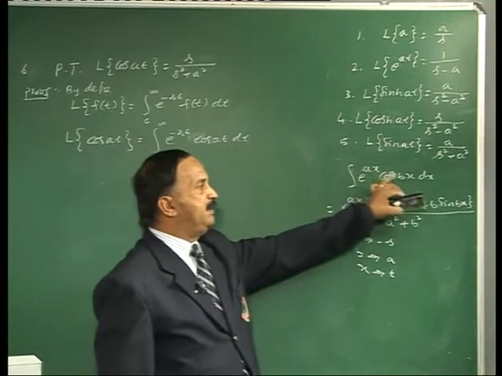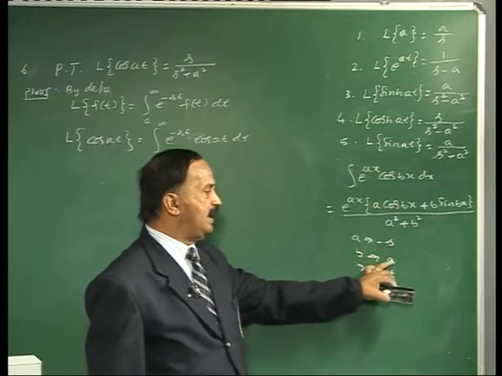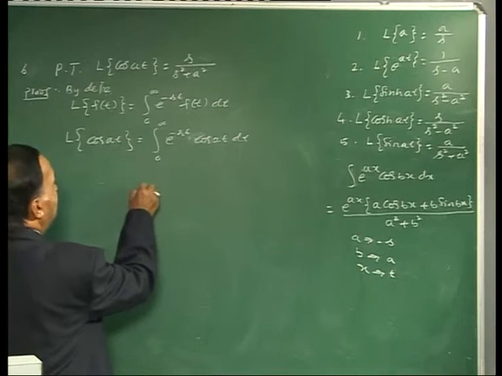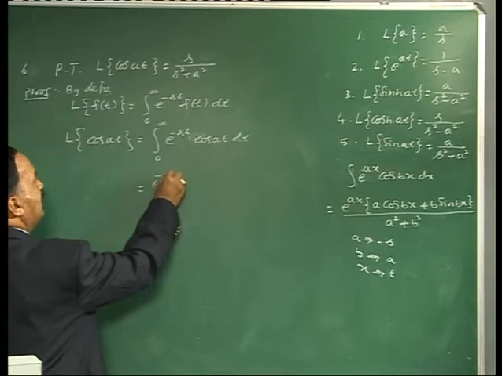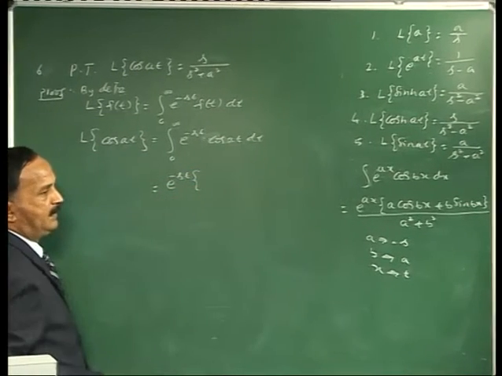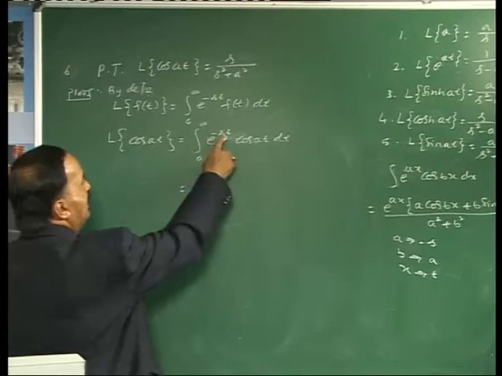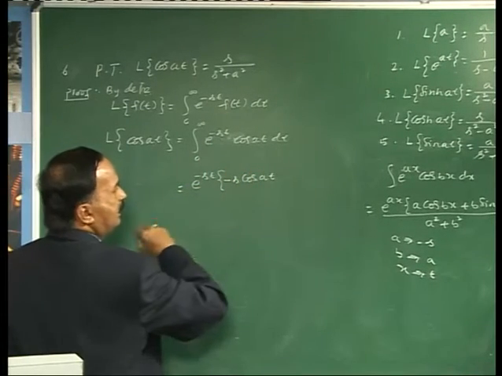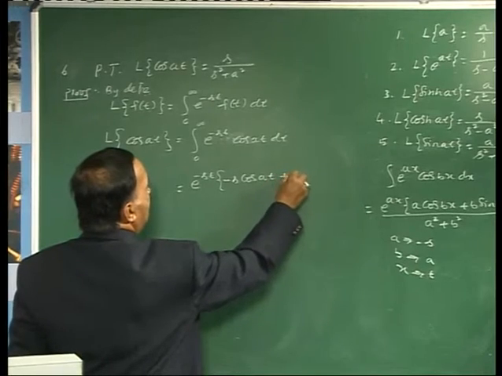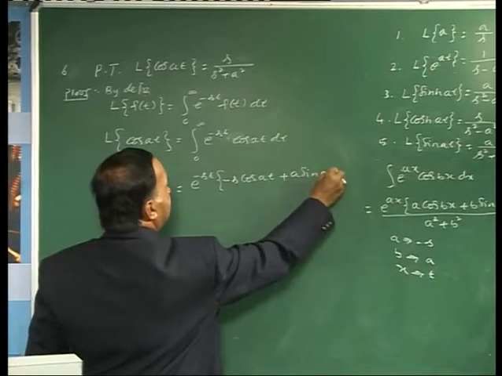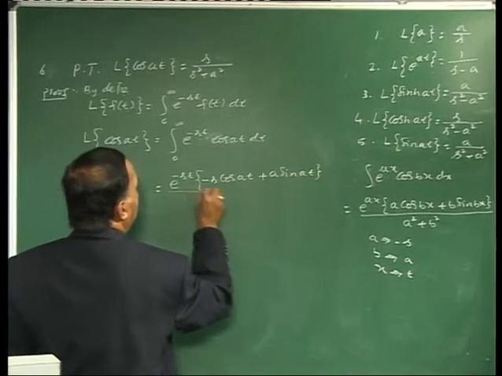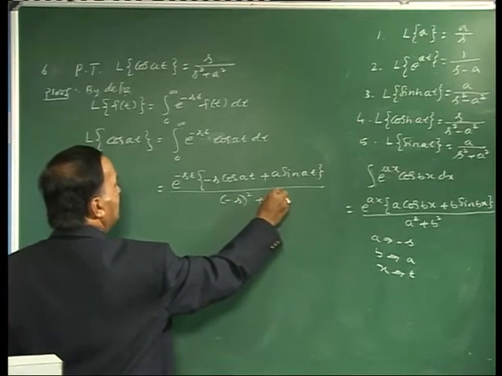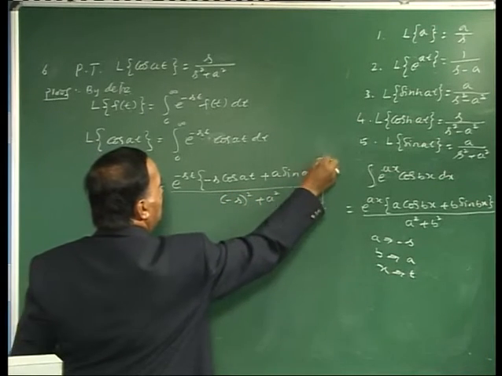So this becomes e to the power of minus st into (minus s cos at plus a sin at) divided by (minus s) whole square plus a square, from 0 to infinity.